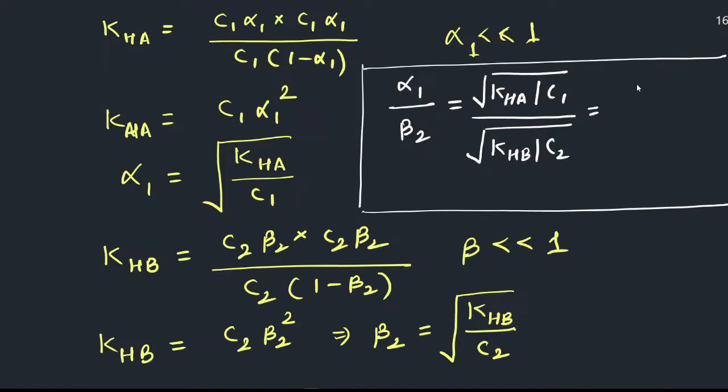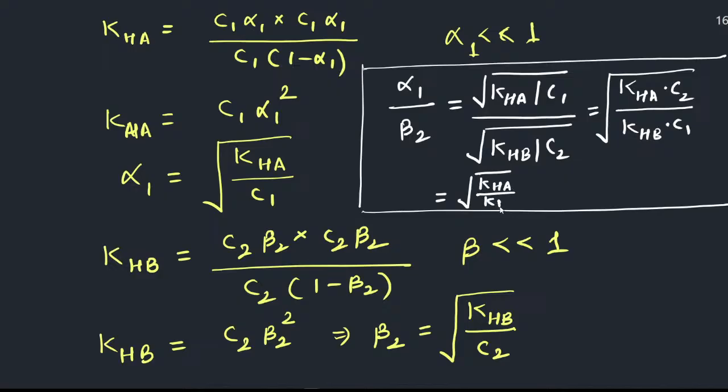That means square root of KHA by KHB, that is some constant, multiplied by square root of C2 by C1.